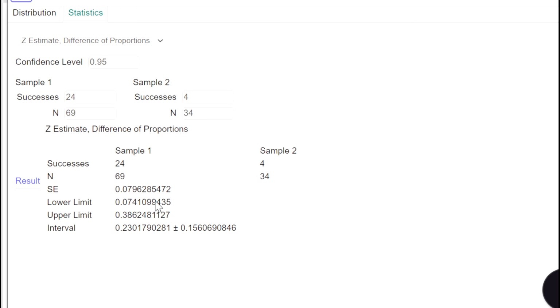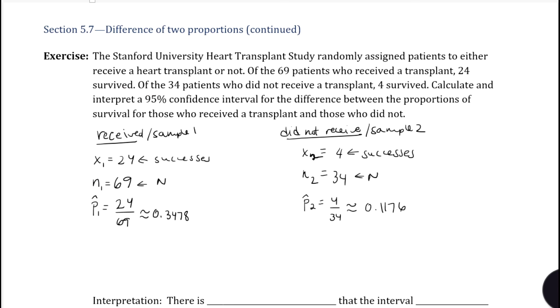And you can see right here the lower and upper limit to your confidence interval. So I'm going to translate that back over here onto our problem. And our confidence interval is 0.0741 to 0.3862.